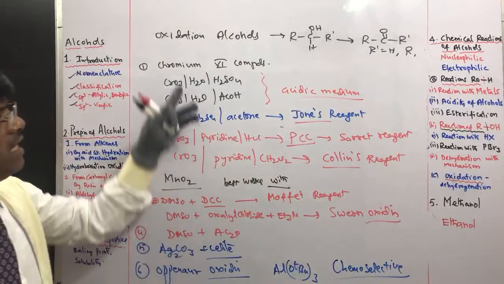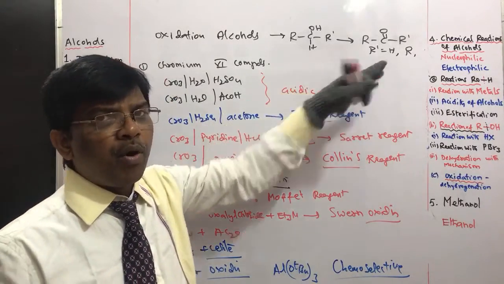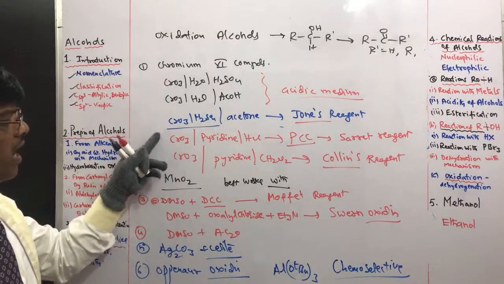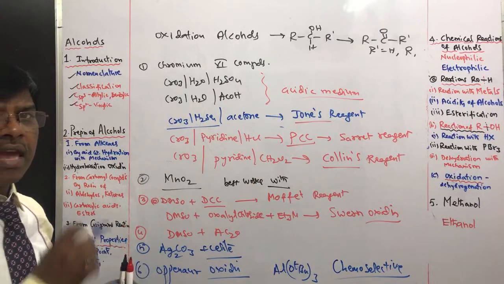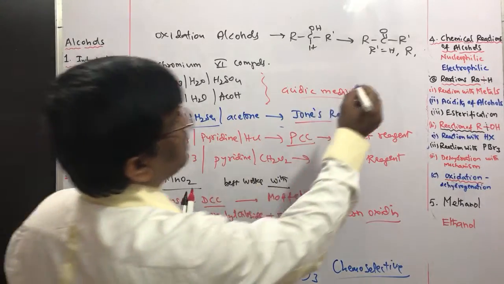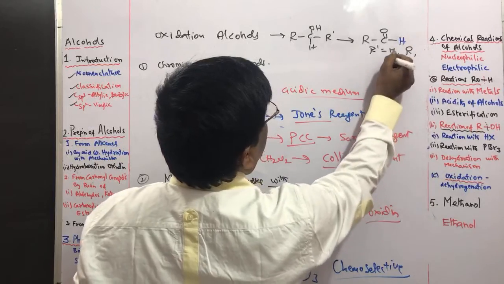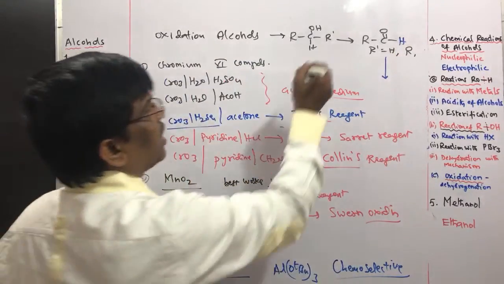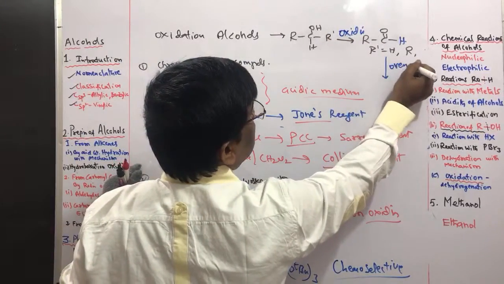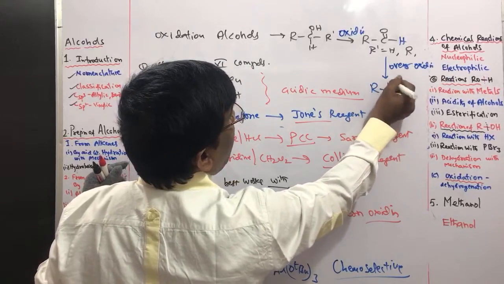However, these reactions may stop at the carbonyl compound if we use strong acids instead of chromium trioxide. If I use KMnO4, what is going to happen? Over-oxidation. These carbonyl compounds, if this is H, oxidation is going to take place, over-oxidation takes place to give acids.